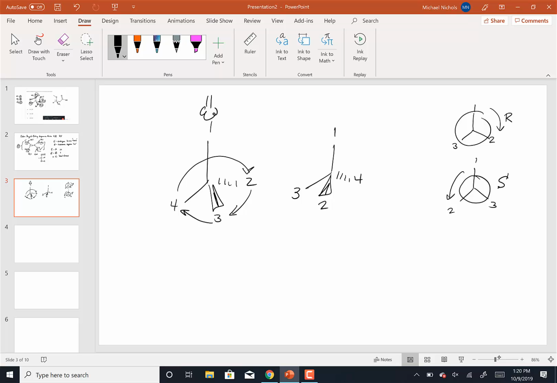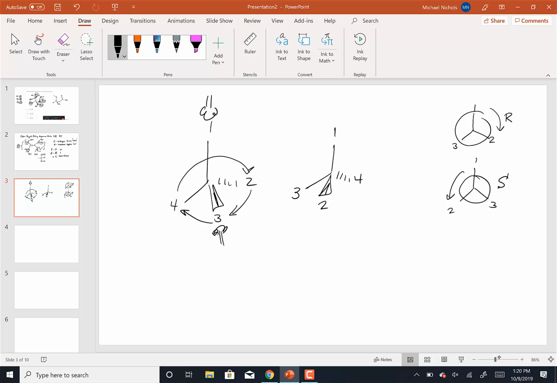But there's another atom I can grab. Now, I can grab 4, or I can grab 1. I'm not going to grab 4 because 4's got to go to the back, and 2 is in the back, so I can't grab 2. I could grab 3.